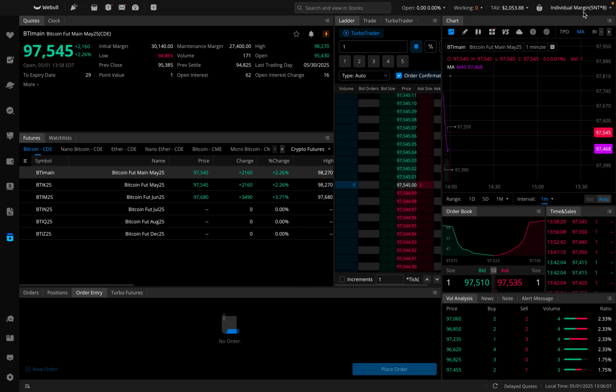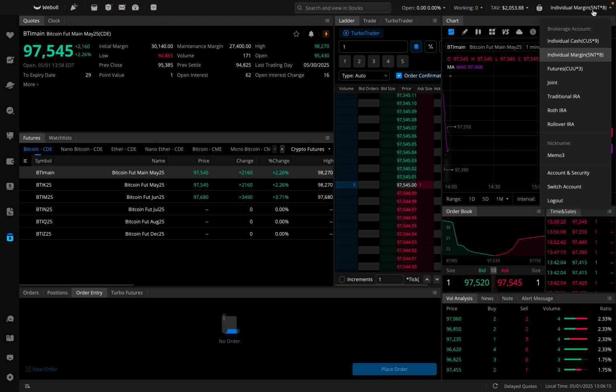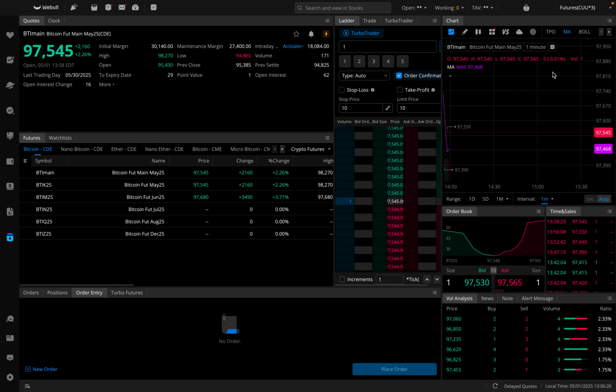I need to make sure that I've switched over to my futures account. If I click on here, it'll show you all the different accounts you have. I have a cash account, margin account, and then as you can see, my futures account is right here. We need to click on our futures account when we want to trade futures here on Webull.